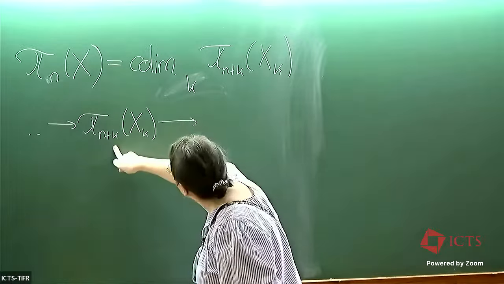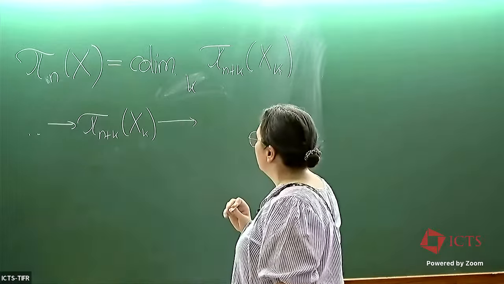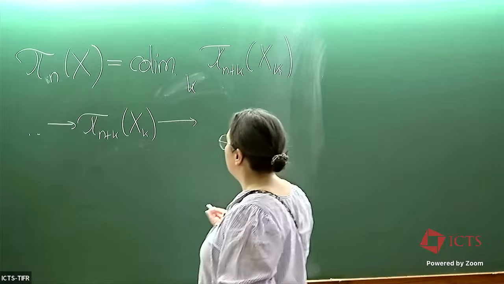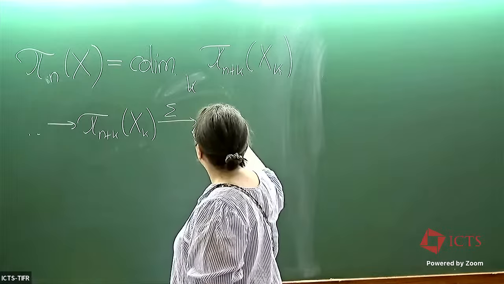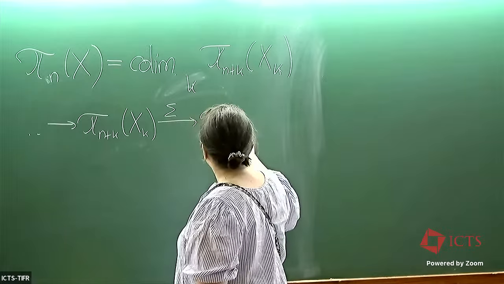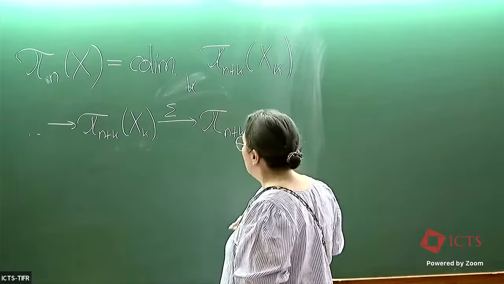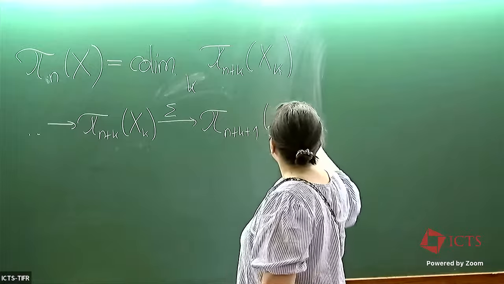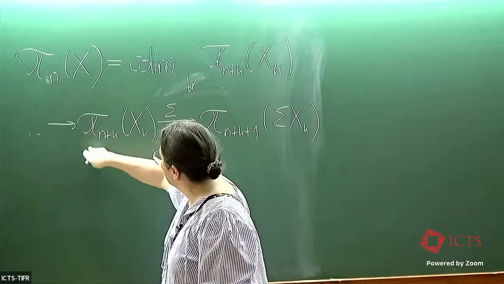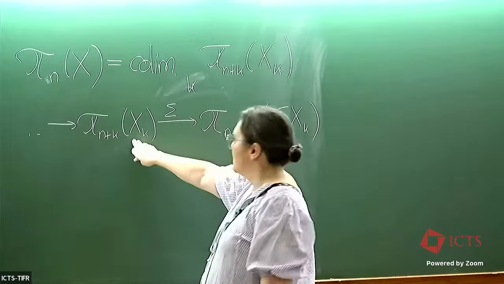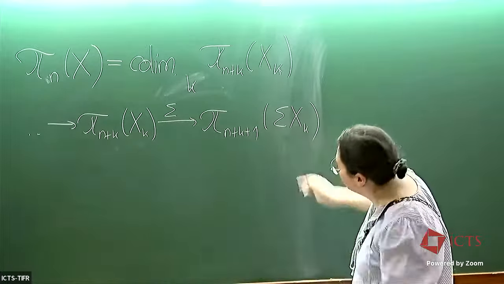whatever you put here. The first thing you do is you apply the suspension functor and you get to phi n plus k plus 1 of the suspension of xk, because suspension of that sphere gives you one more sphere, and then suspension of this is just suspension of this.